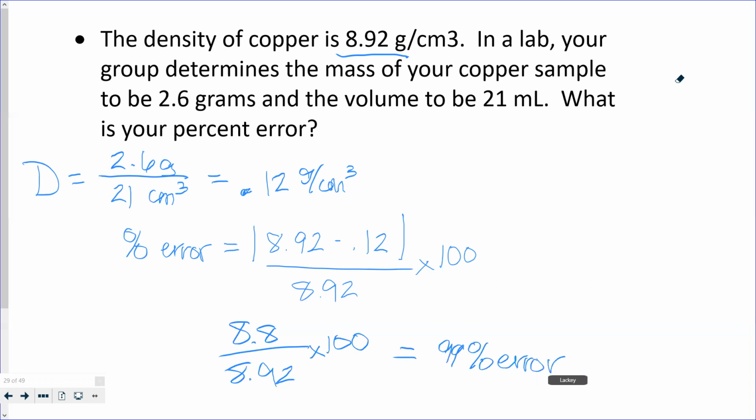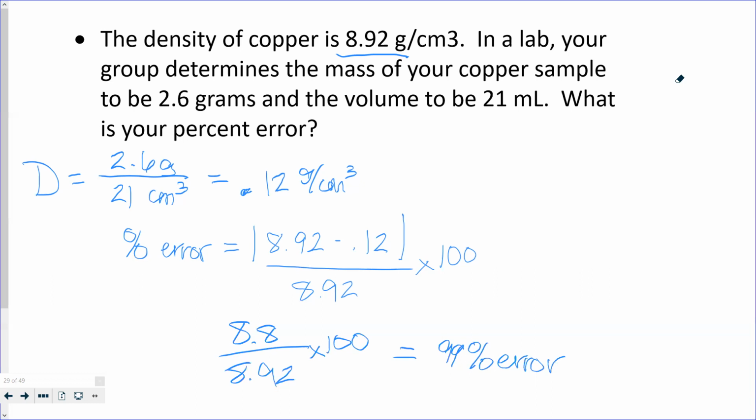So that's really far off from what we should have gotten. So we probably did something wrong, whether our scale was not zeroed, or maybe we weren't reading our graduated cylinder correctly, something like that. But mistakes do happen.